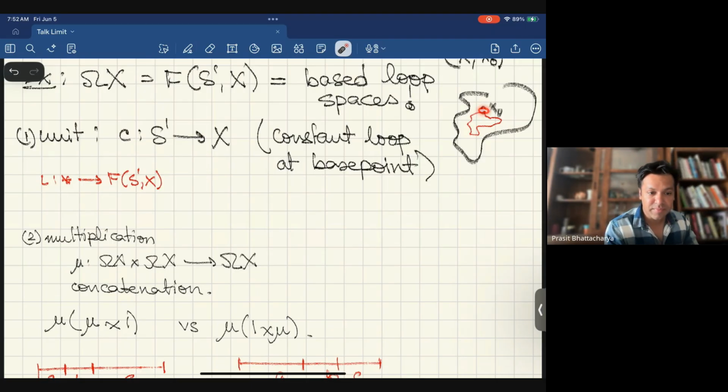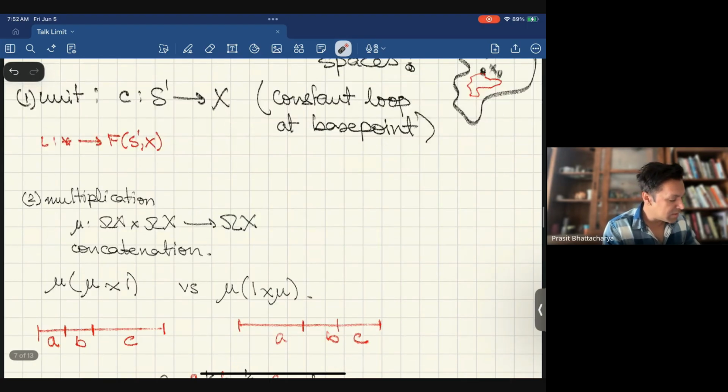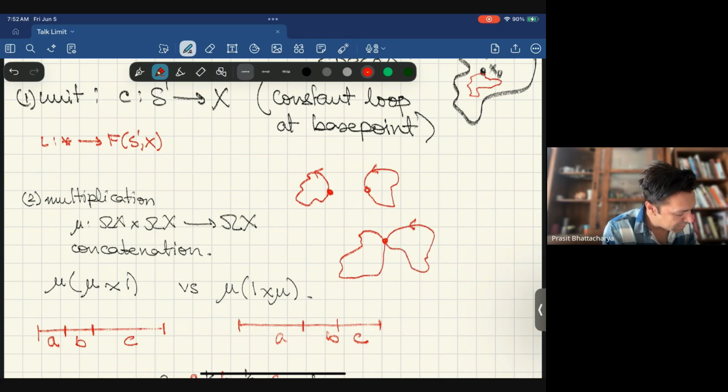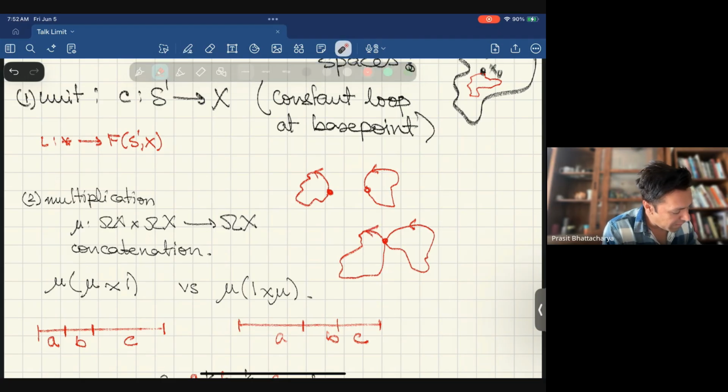That's your unit. And the multiplication is given by concatenation. What do I mean by concatenation? If I have one loop and if I have another loop, I can think of this as a joint loop.